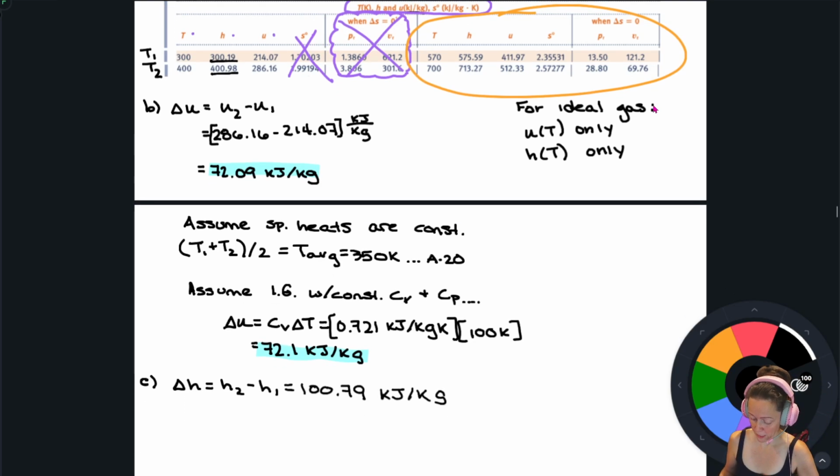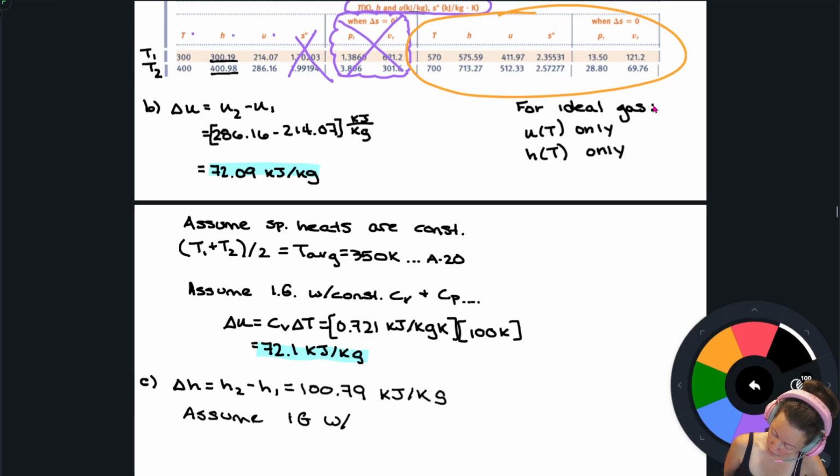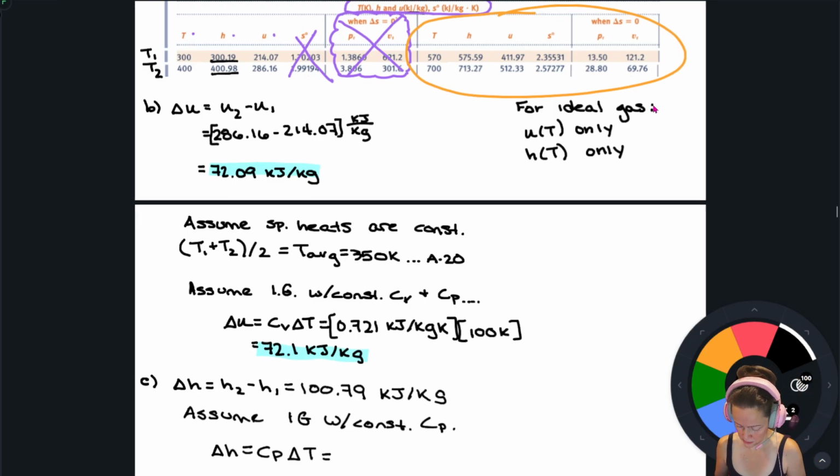And then if I assume I've got an ideal gas with constant specific heats, I'm just going to write CP. Then my delta H is going to be CP delta T. Well, what's the CP I'm going to use?